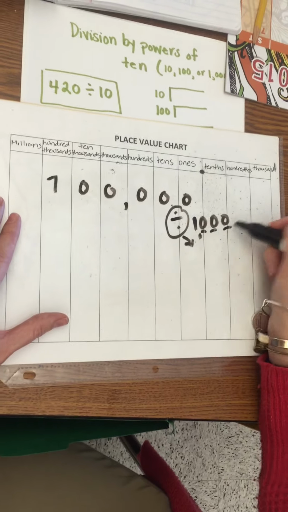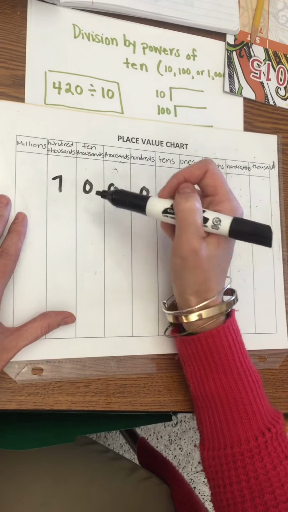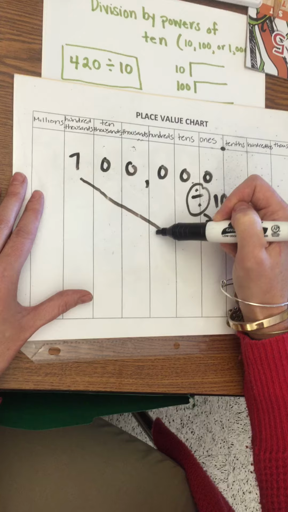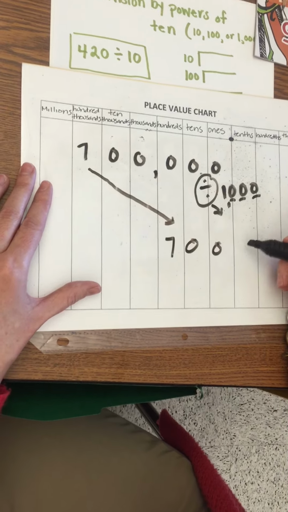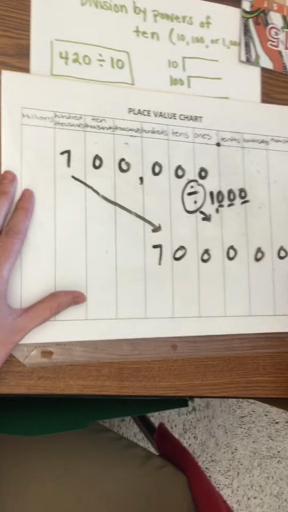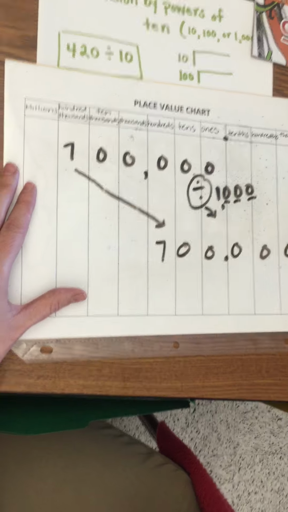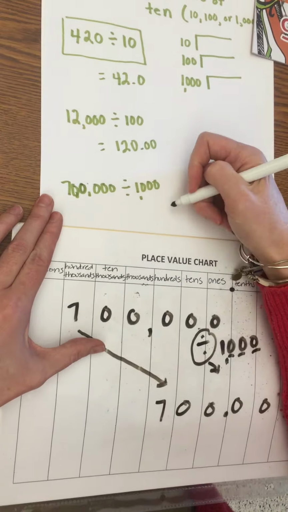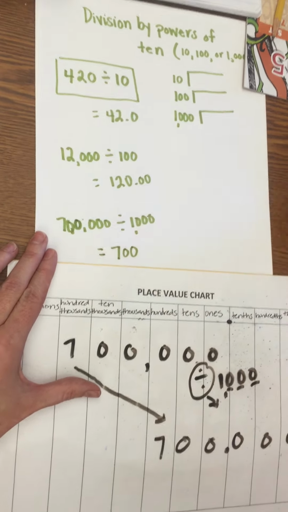I know there's 3 zeros in 1,000, so that means I'm going to be shifting 3 place values like this. 1, 2, 3. I bring down my decimal point, and I know that my answer to 700,000 divided by 1,000 equals 700.